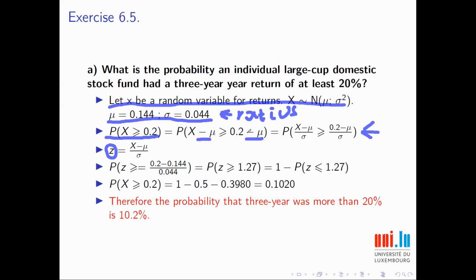Afterwards, we divide this expression by the standard deviation. And again, it doesn't change the sign because this is a strictly positive number. Also, just remember that it is strictly positive.